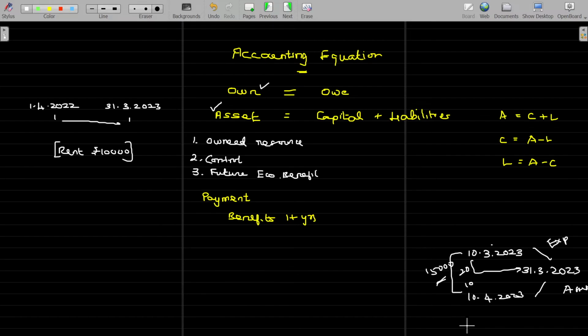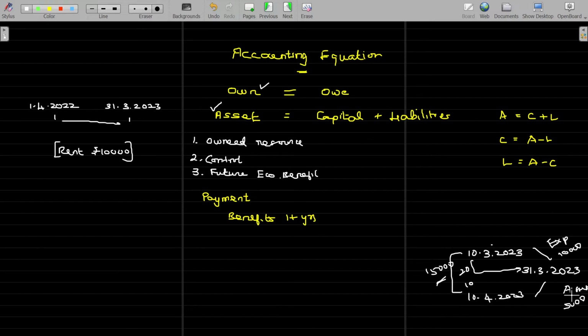So in this 15,000, 2/3, 10,000, will be called an expense. Another 5,000 rupees, which could be enjoyed after this accounting year, will be named an asset by the end of the accounting year. In general, whatever rent you pay that will be enjoyed within a short span of time will be called an expense.